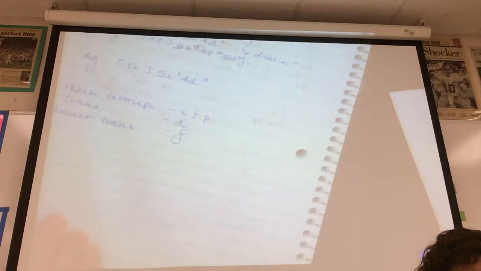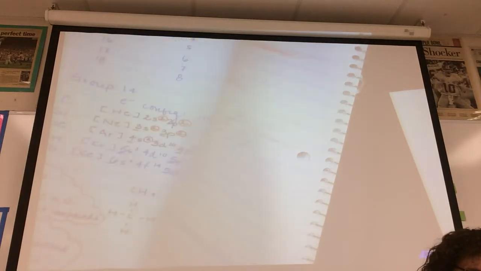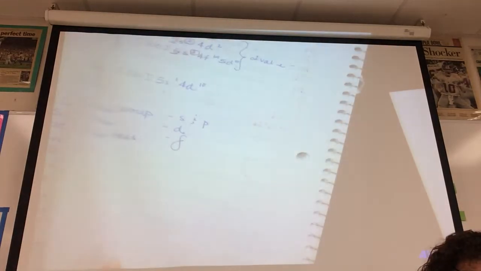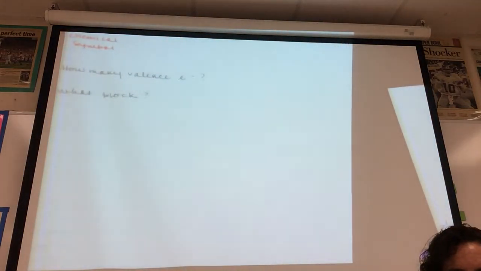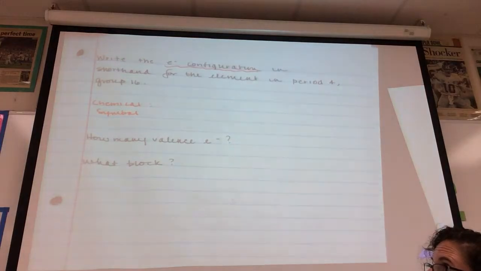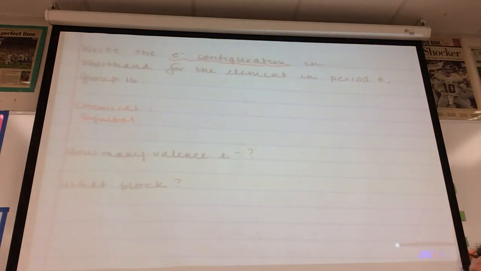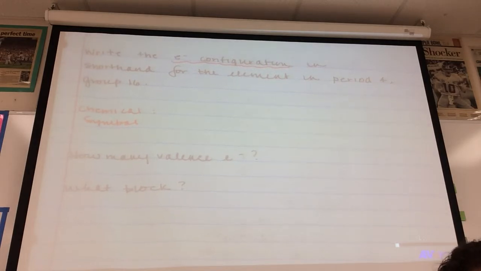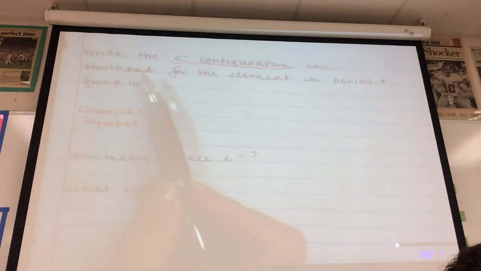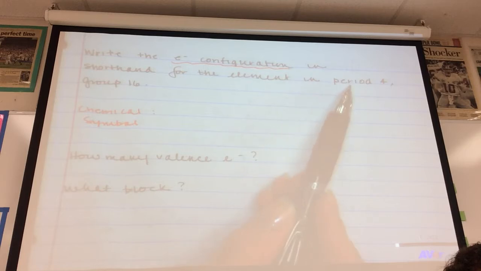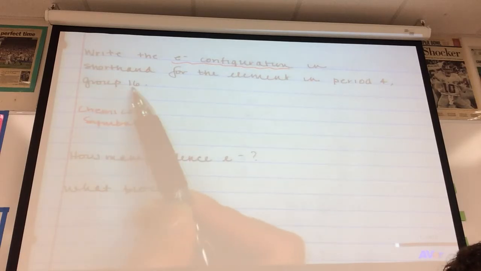I had a cutesy little question here that would make you review some of the things we've discussed today. And this is how your quiz is going to be. You would want to make sure that you could do this. So let's take a minute. It says, write the electron configuration in shorthand for the element in period 4, group 16.